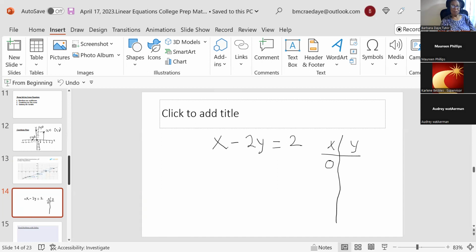Calculate it from this linear equation. That's the one on that graph I just showed you. If you put a 0 here, you have 0 minus 2y is equal to 2. So what is y equal to?